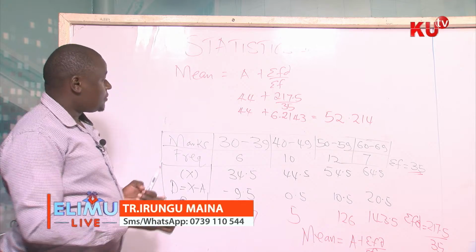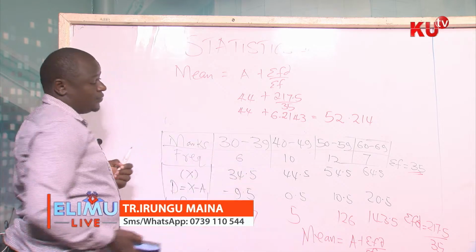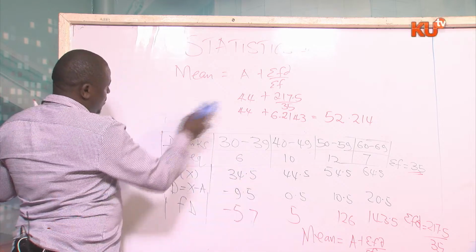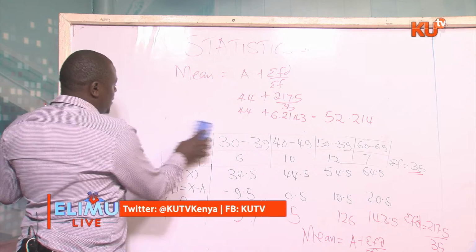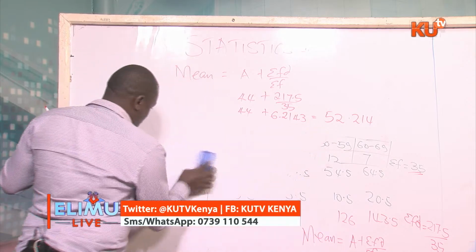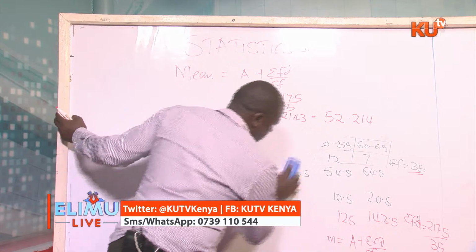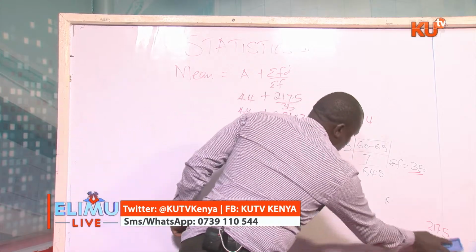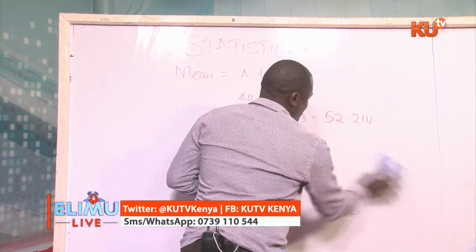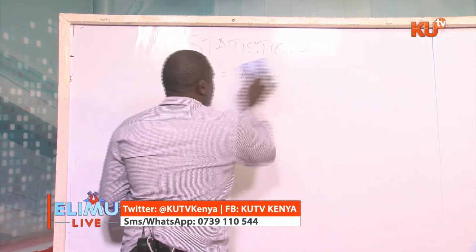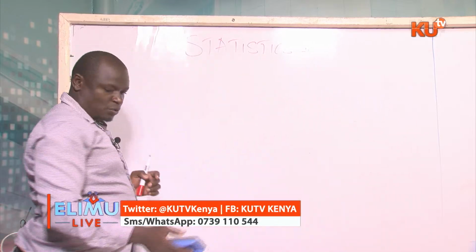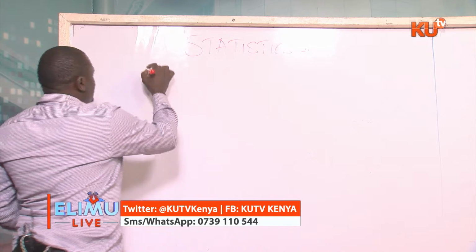And therefore, I want us to do another example, if you allow me, just to emphasize whatever we have said, but I'll take it one step higher, because I want us to look at the variance. Once we calculate the mean, we need to know how to get variance.